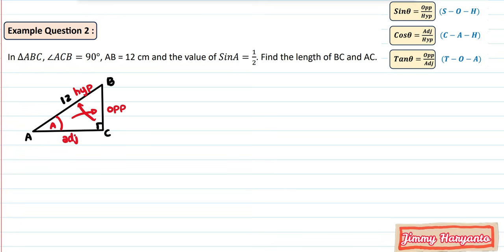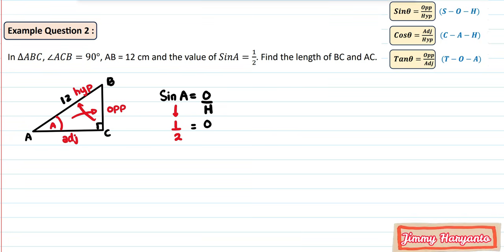For this question, we only have the hypotenuse, so maybe it will be a little bit hard. So we have sine A. Sine A equals SOH, so this is the opposite over hypotenuse. Because we already have the value of sine A, we can replace it: a half equals opposite over hypotenuse.